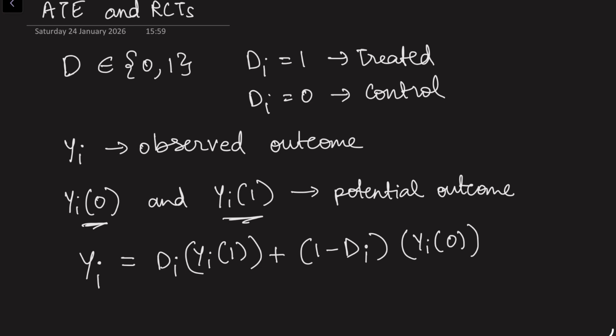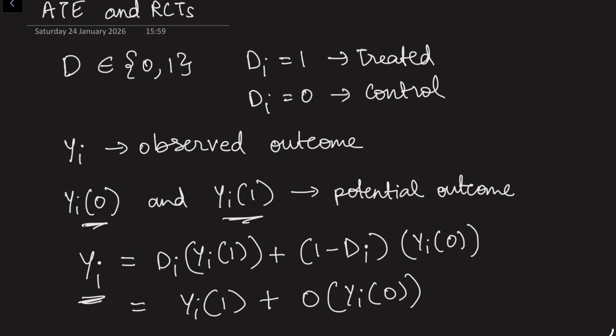Okay, I hope this makes sense, because essentially here what we are trying to say is that the observed outcome, something we actually see in the real world, is a function of the potential outcome depending on your treatment status. So if Di is 1, it is Yi of 1 plus 0 times Yi of 0.